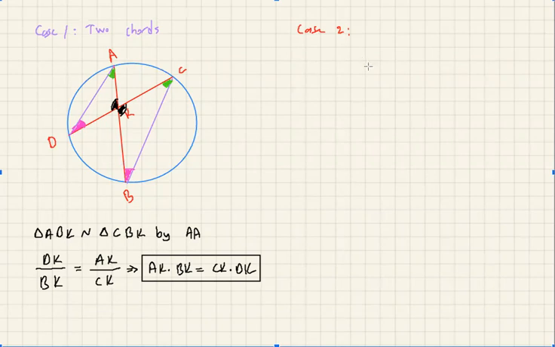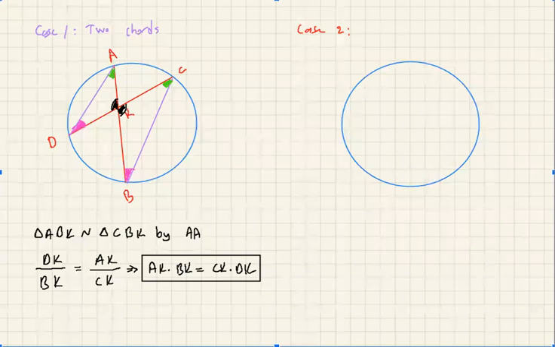Okay, that's not a circle for sure. If I take this as my circle, in this case, I'm going to take a segment that cuts the circle at different points. If I take that point outside of the circle, in this case, the intersection of those segments was inside.